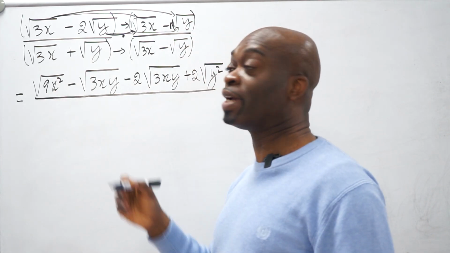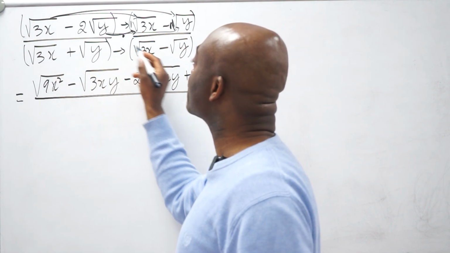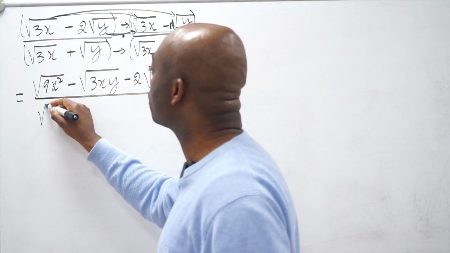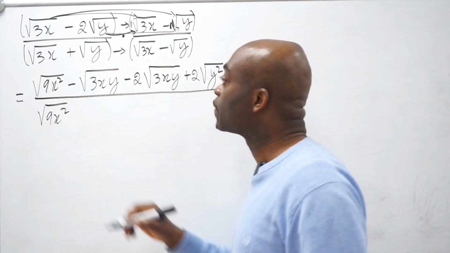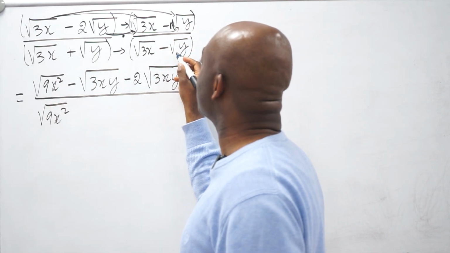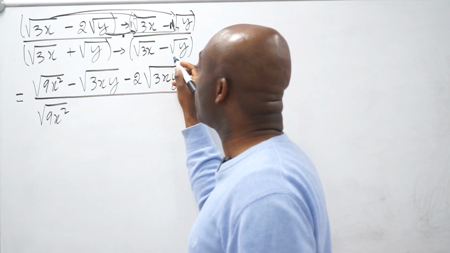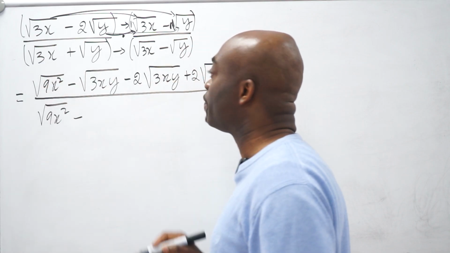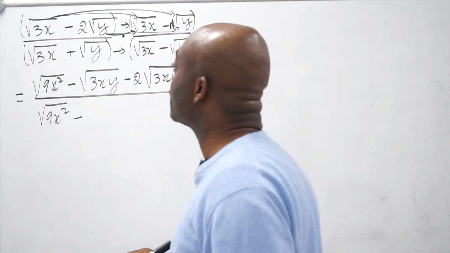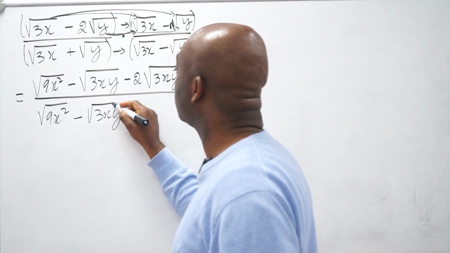So now we got to do the same thing at the bottom one here. Okay? So we're doing square root of 3x times square root of 3x. That would give us what? Square root of 9x squared. Square root of 3x times then negative square root of y. Okay? So that would give us what? Because there's nothing outside, positive times negative is negative. So it's going to give us negative square root of 3xy.